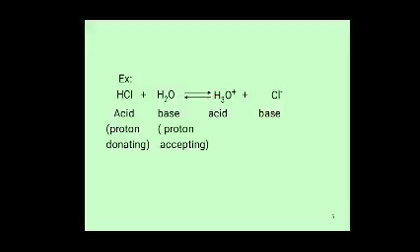HCl plus H2O gives H3O plus and Cl minus. HCl is acid, H2O is base, forming H3O plus and Cl minus. HCl donates a proton to water in this reaction, so HCl acts as acid.